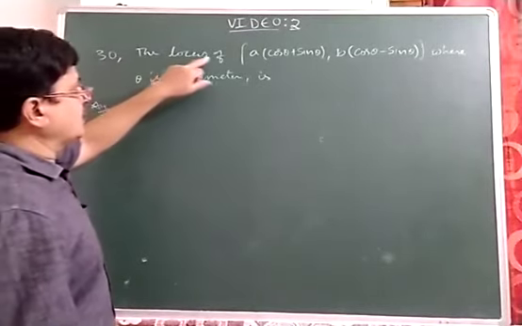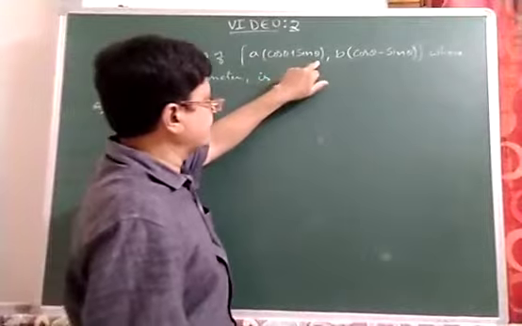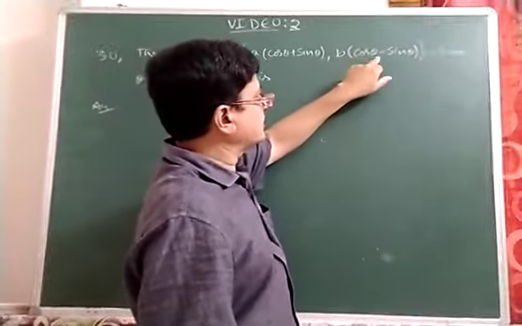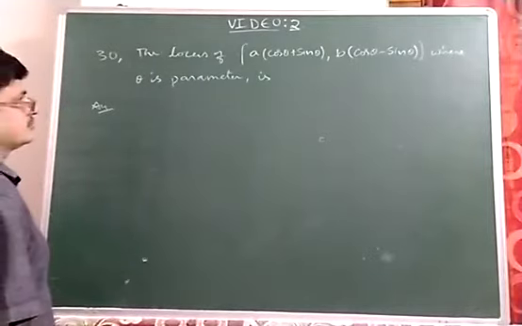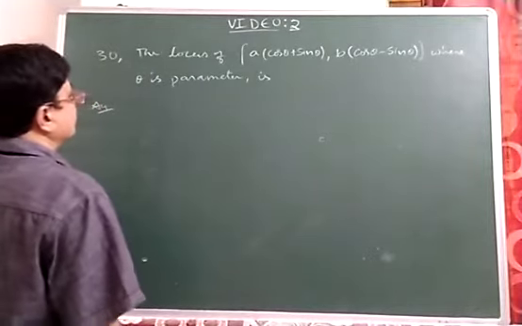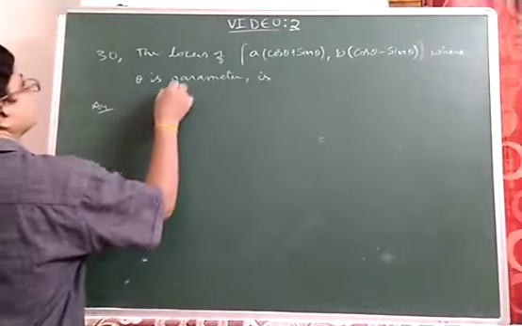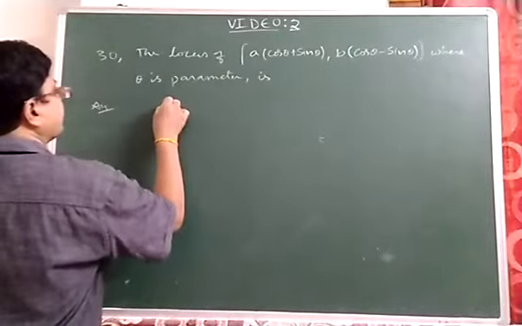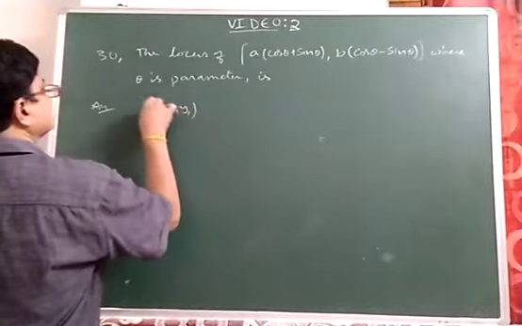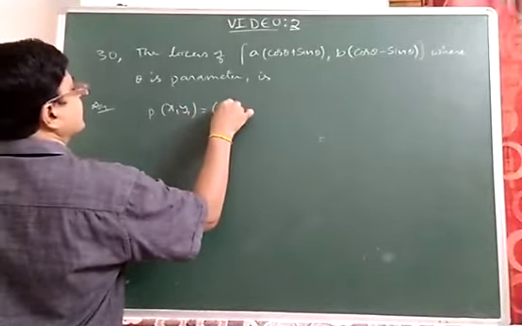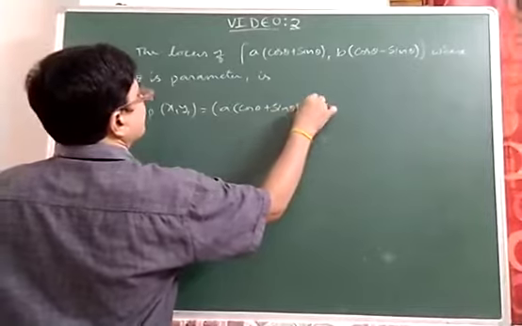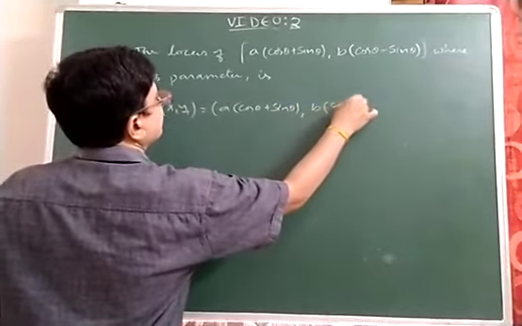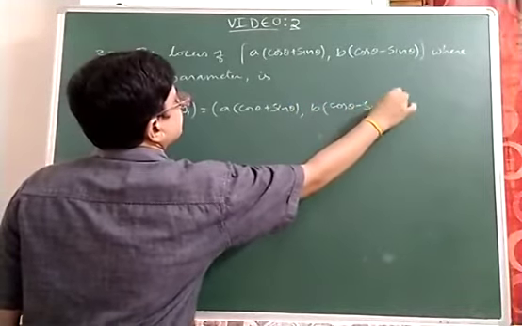30th question. The locus of (a cos theta plus sin theta, b cos theta minus sin theta), where theta is a parameter. That means the locus of the point P (x1, y1) is equal to (a (cos theta plus sin theta), b (cos theta minus sin theta)).